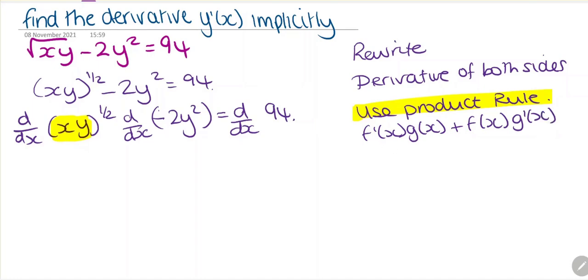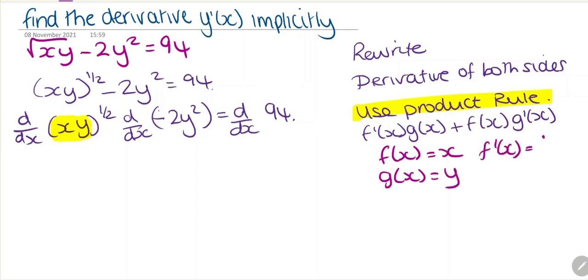So we have our f of x, this is x, and our g of x is y. So our f prime of x is 1, and our g prime of x we're going to just keep as y prime.